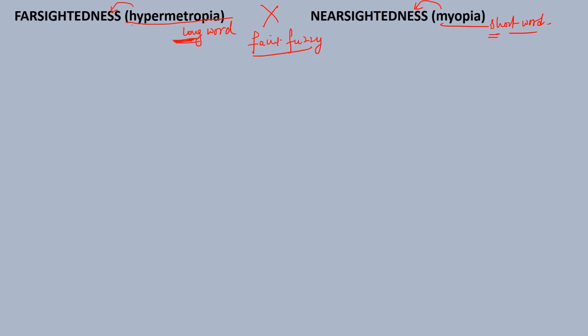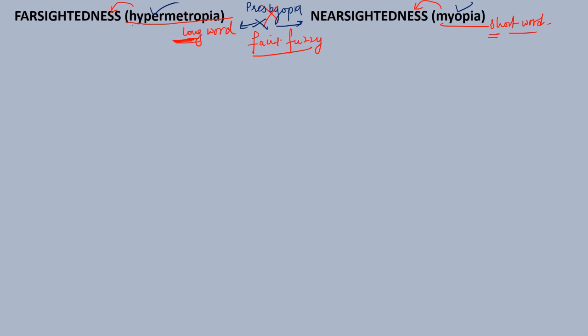So you need to do some correction using either a convex lens or a concave lens. All right. So in general, there are three types of refraction defects. One is hypermetropia, as we are discussing here, and myopia. Plus there is one more which we are not discussing right now, which is presbyopia. All right. So we will be having points of difference between these two now.